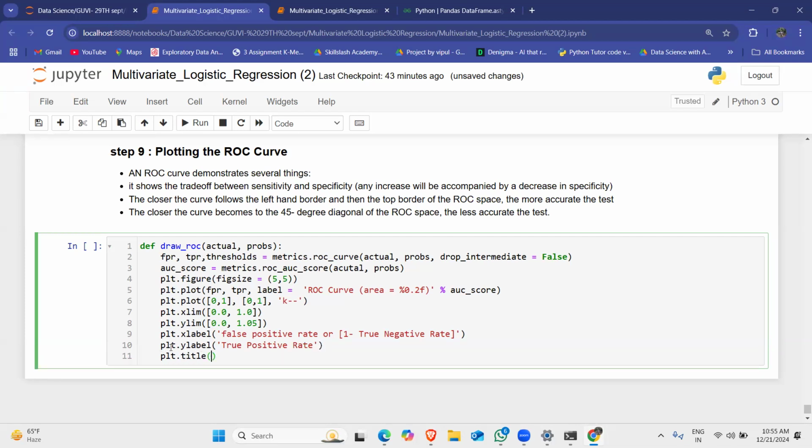And write down plt dot title as receiver operating characteristics example.